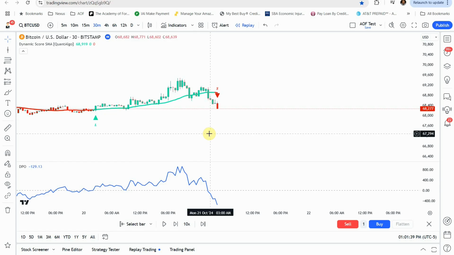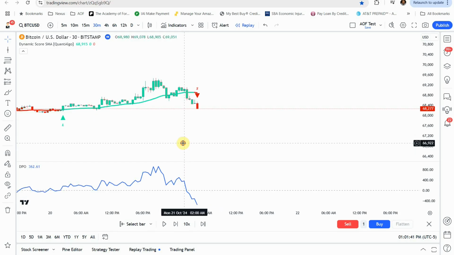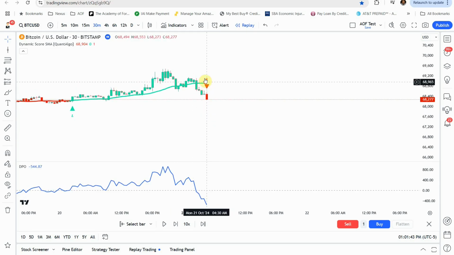And so what we're looking for in a short trade is when we get a sell tag like this right here from the Dynamic Score SMA. And when we get that sell tag, we're then going to look down to the Detrended Price Oscillator, and we want the price line there to be below the 0 line, this dashed line right here.